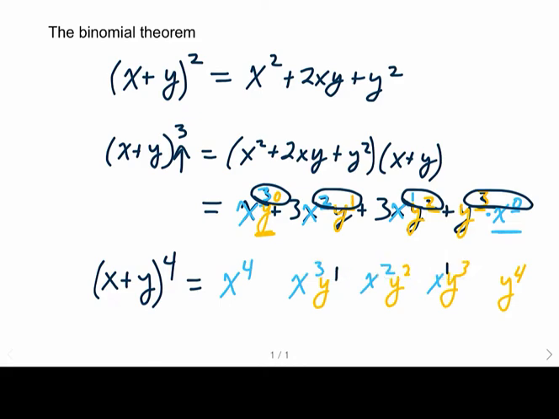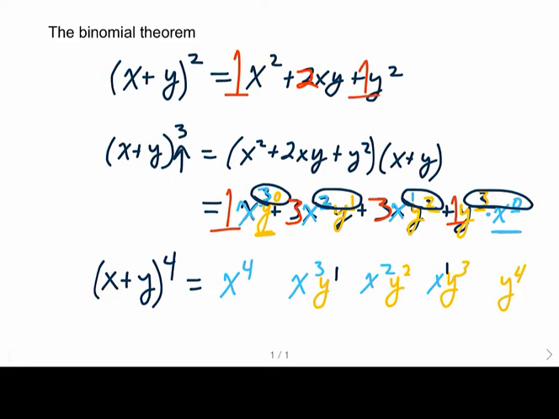Now I'd like to turn our attention to the coefficients. In x plus y the quantity cubed, there's no coefficient for the first term, none written, so it must be a 1. In the second term it's a 3, in the third term it's a 3, in the fourth term it's a 1. Let's look back up to the x plus y quantity squared. The first coefficient is 1 because there was nothing written, and then a 2, and then a 1.